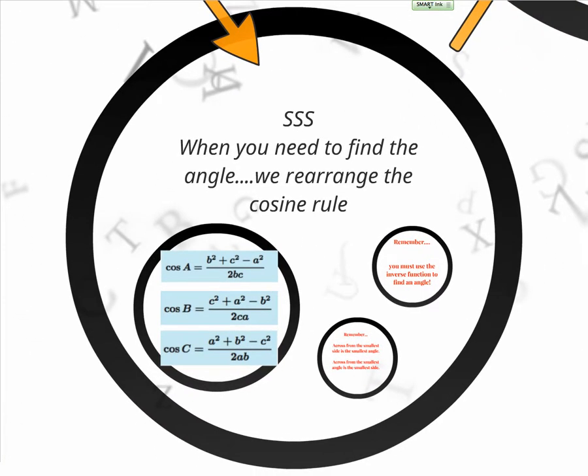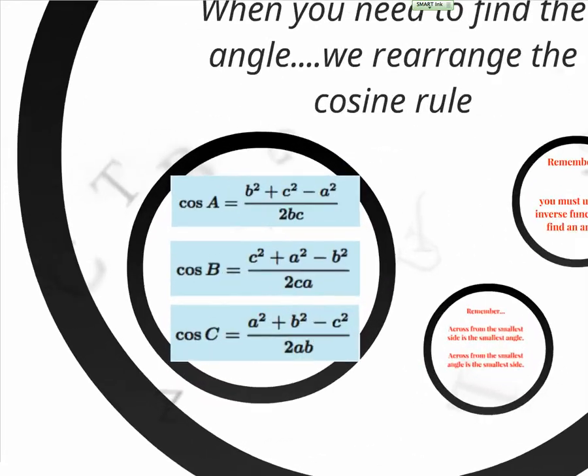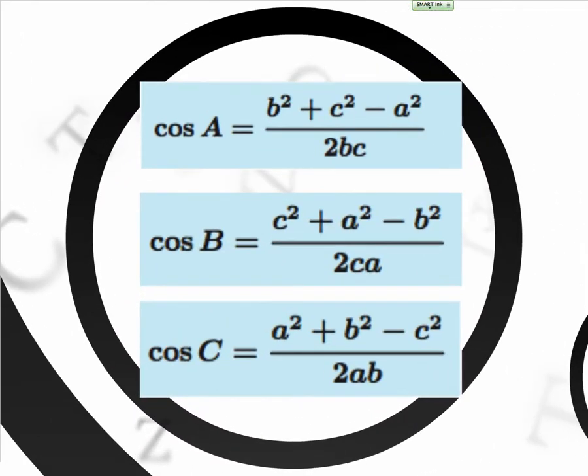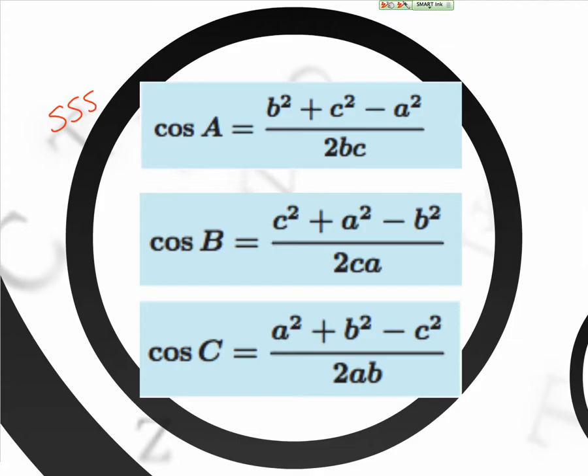So if it's side, side, side, you need to find the angle and then we rearrange it. This is a little bit overkill because it's written in several different ways, but this is the one that's in your packet. If you want to focus on one, match the one that's in your packet. So when we know 3 sides, we can set this up and find the measure of our angle.